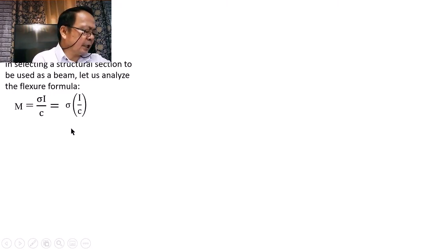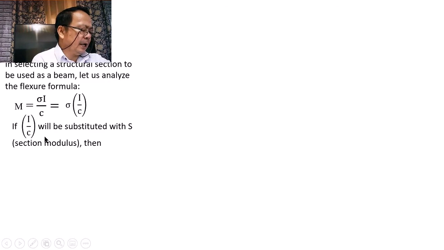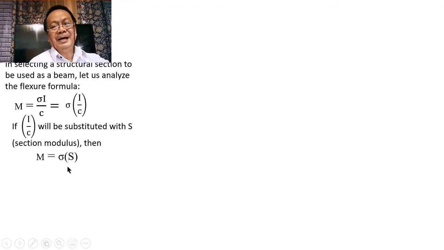Ngayon, kung itong section na ito, yung ratio ng I over C will be substituted with S, natatawagin natin section modulus. Sa makatwid, itong ating moment will become equal to the product of the stress multiplied by the section modulus. Diba? And if we will compute for S, therefore S becomes equal to the ratio of the moment over the allowable stress.